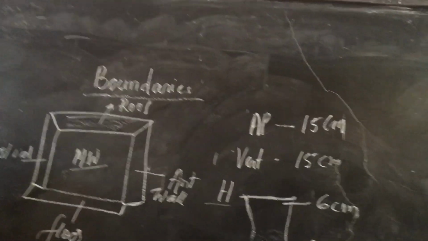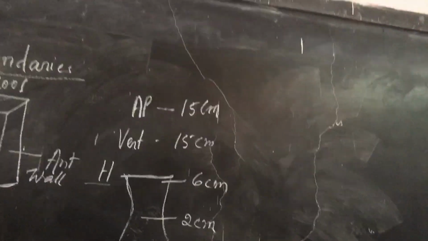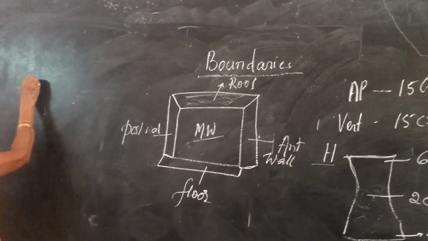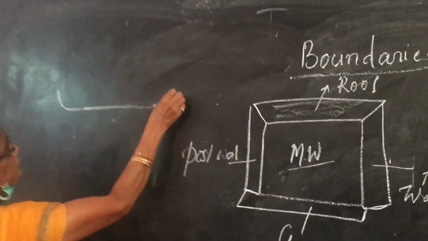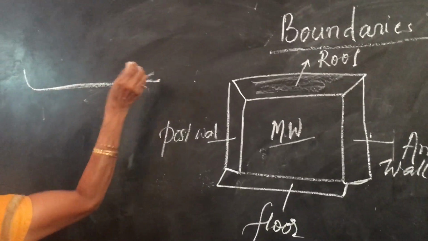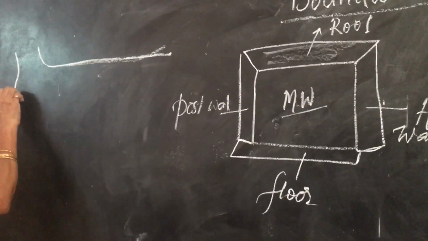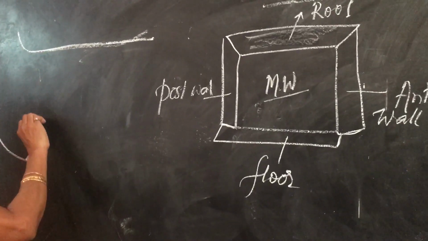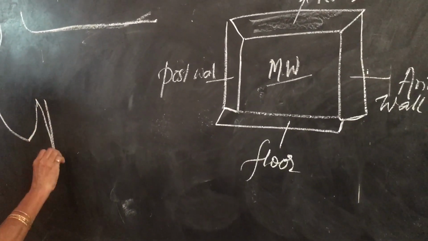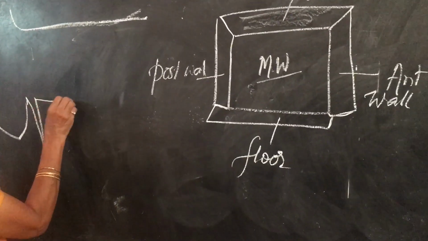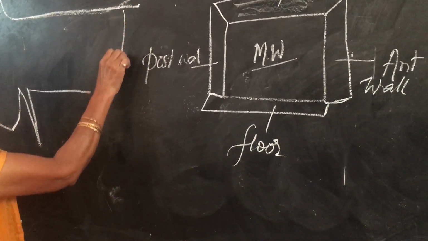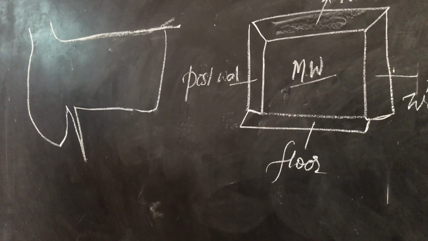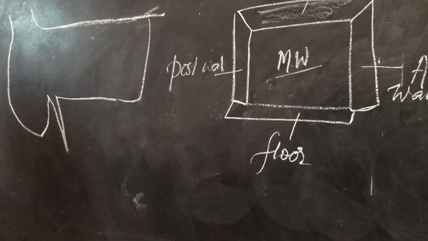Coming to the detailed description of the middle ear cavity. So this will be the roof, and this is the posterior aspect, mastoid process, the styloid process, then anterior wall, inferior wall and posterior.